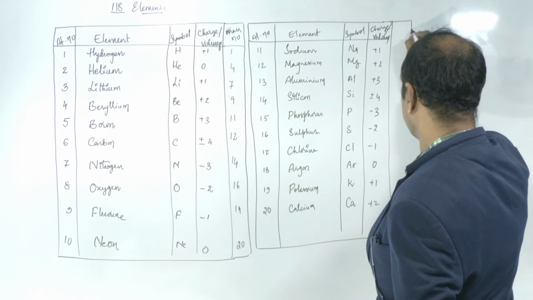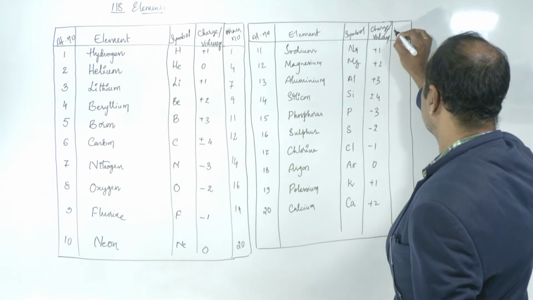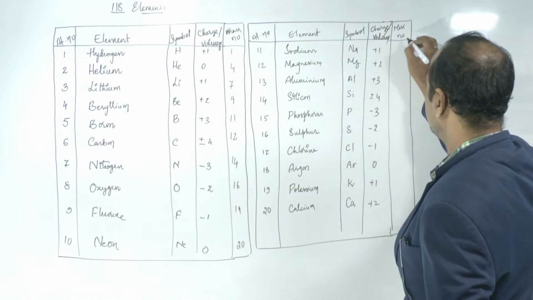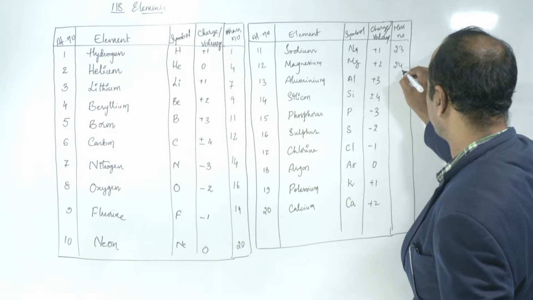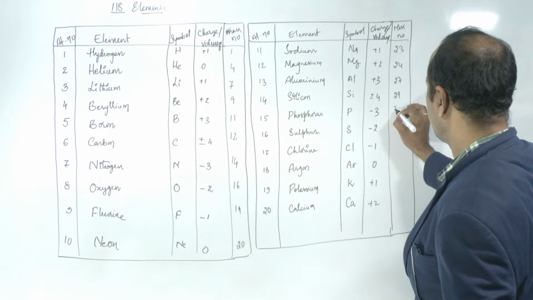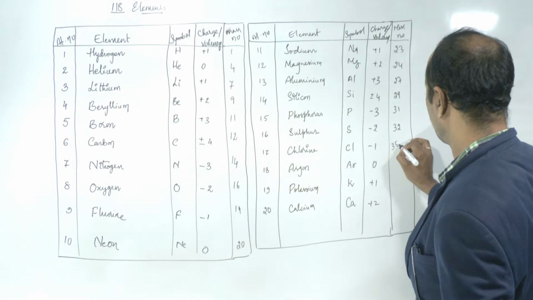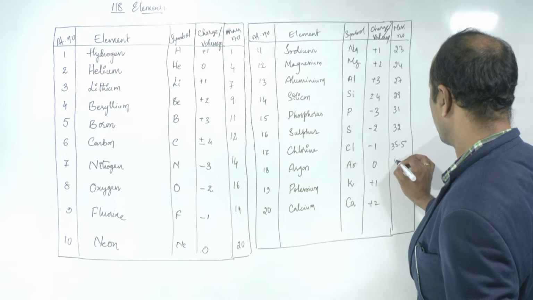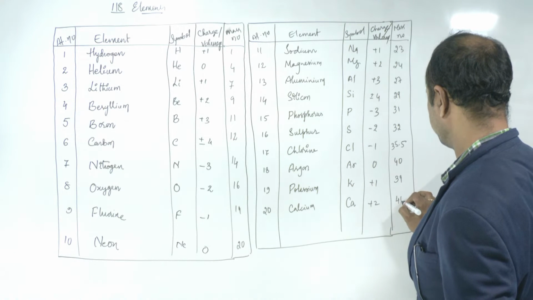Write the mass number also here. Can you see it, this column? So this is mass number. This also you write: sodium is 23, magnesium 24, aluminium 27, silicon 29, phosphorus 31, sulfur 32, chlorine 35.5, argon 40, potassium 39, calcium 40.